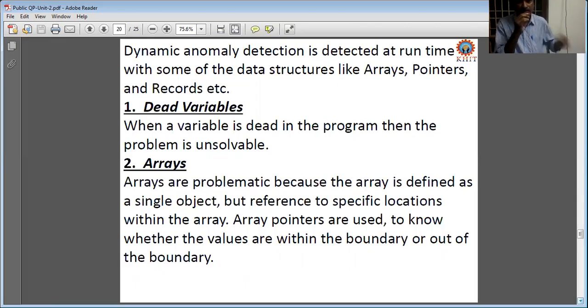Second one is arrays. Arrays are problematic because the array is defined as a single object, but reference to specific locations within the array is required.